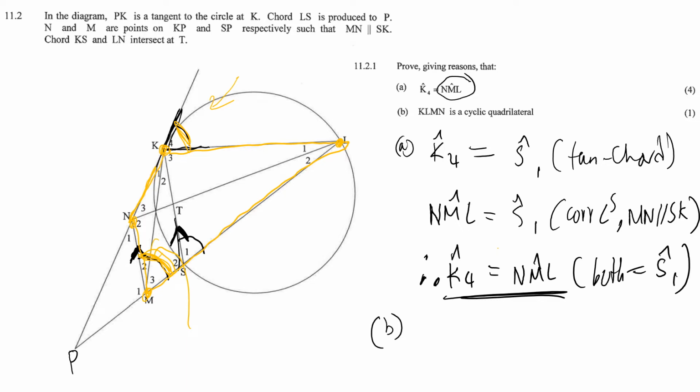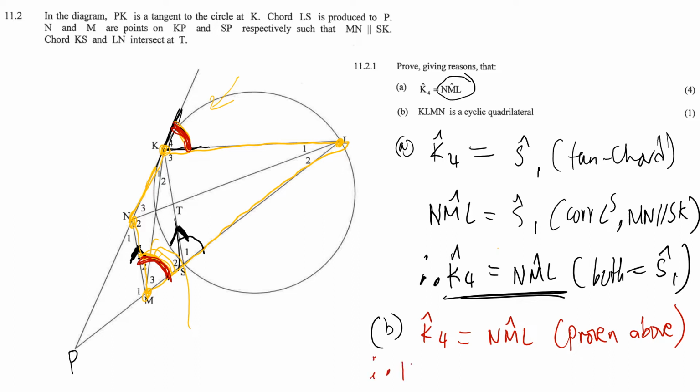Therefore, we can simply say K4 is equal to NML. Why? We have proven it above. We've just proven above that angle K4, which is the exterior angle, is equal to NML.